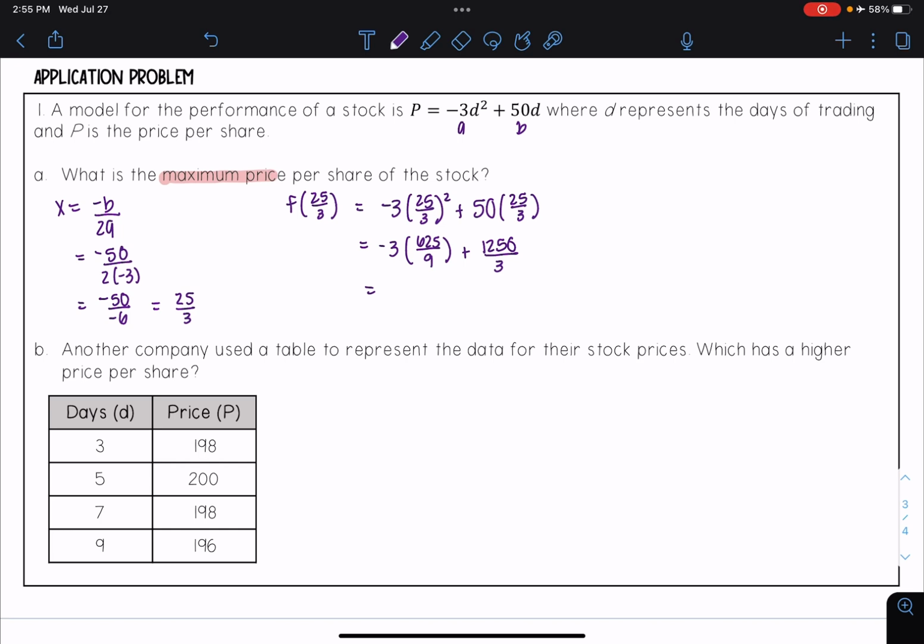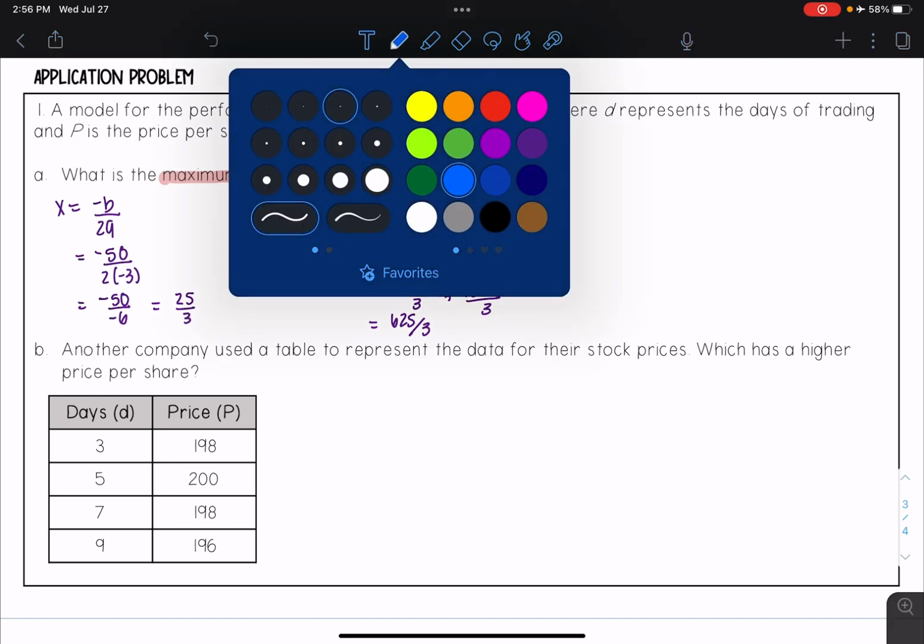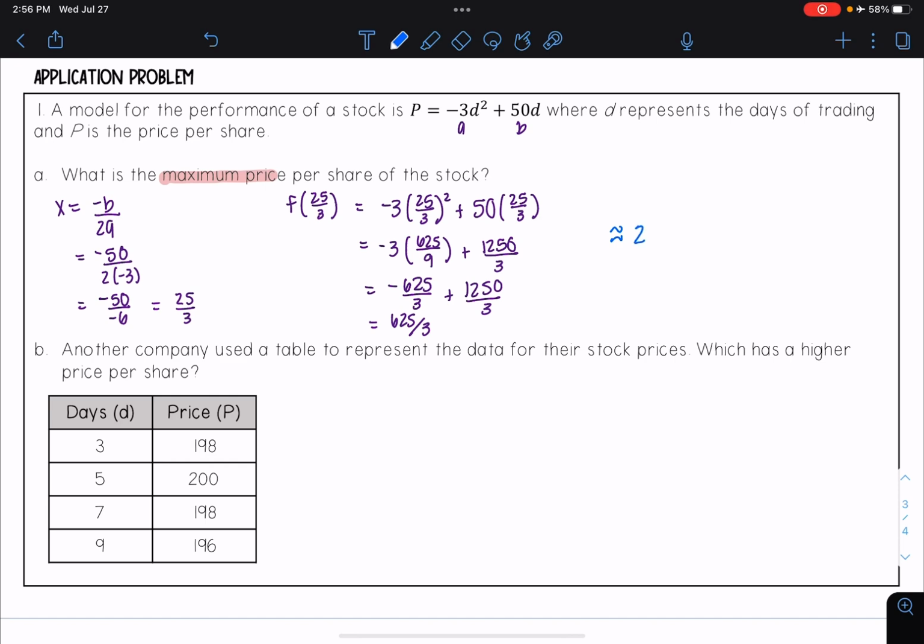Multiply that fraction, I get negative 625 over 3, which ends up being 625 over 3 in total. And so I'm going to go ahead and switch that over to decimal form. So when I do 625 divided by 3, I get that the price per share is approximately 208.33.